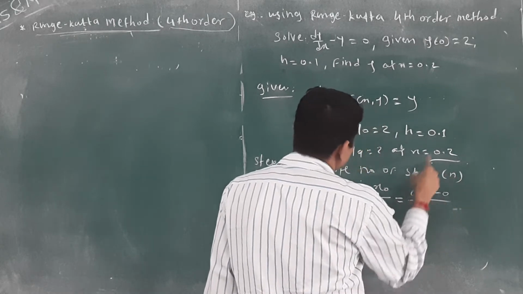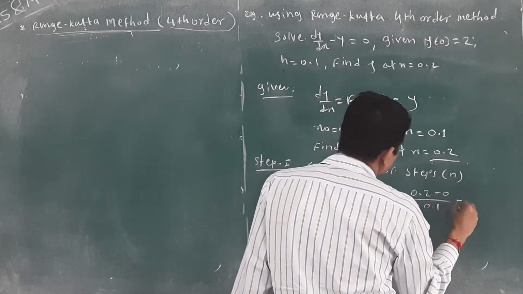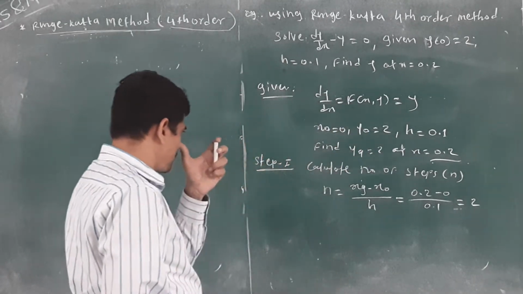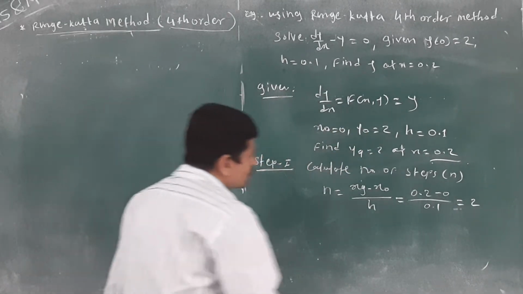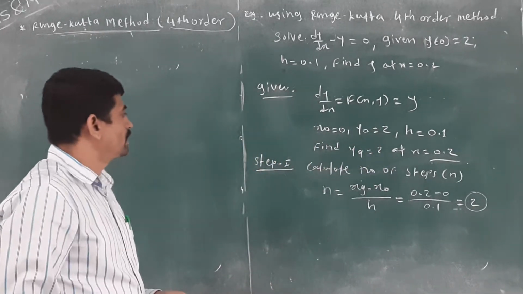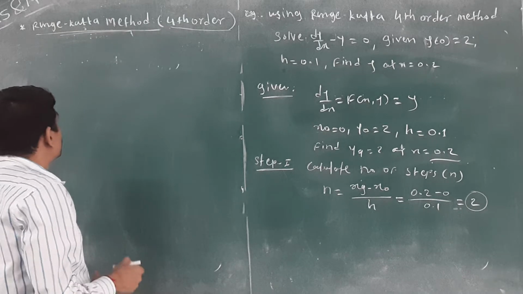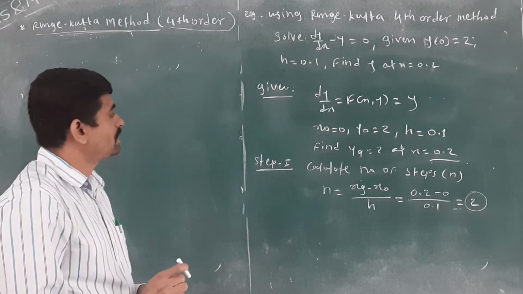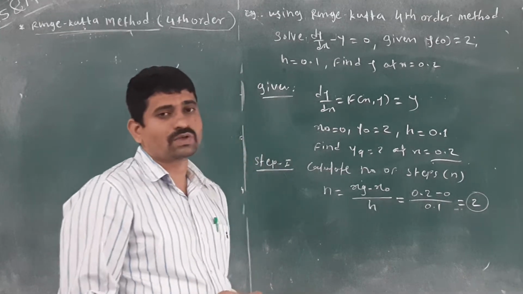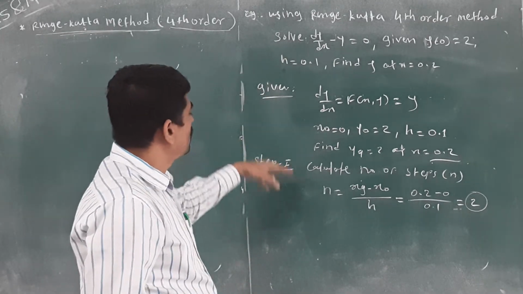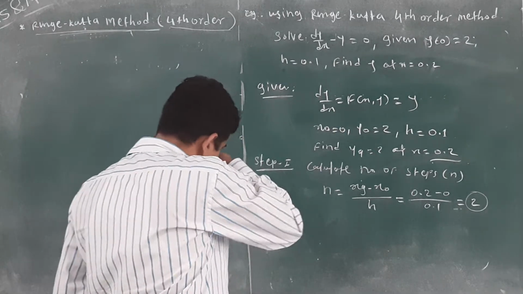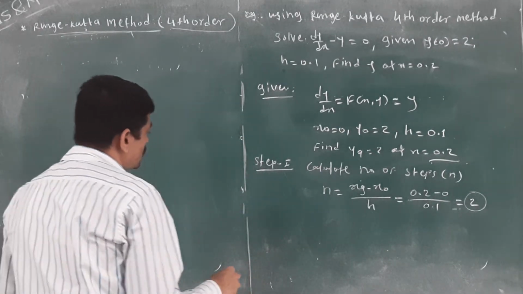H is given, step size 0.1. You will get 2. This 2 means we want to use the Runge-Kutta method formula 2 times, or we want to solve the given numerical up to 2 iterations. I will solve that up to 2 iterations.